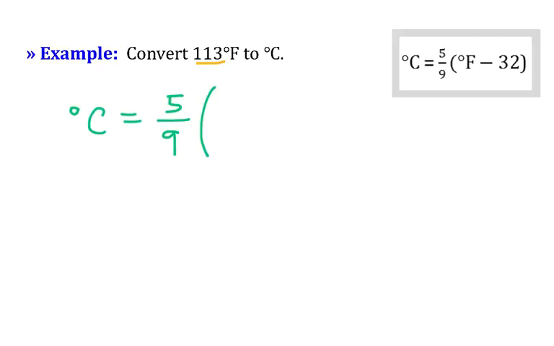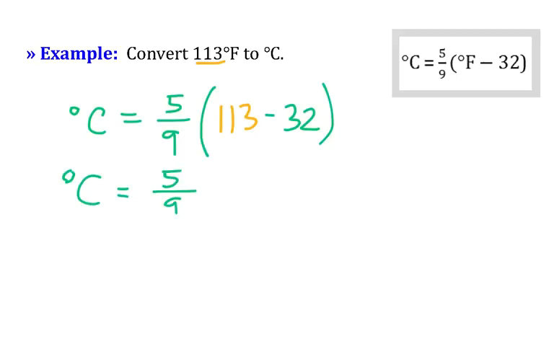So we were given 113 as our temperature in Fahrenheit, minus 32. So we'll just clean this up and then we will have our final temperature in Celsius. Order of operations are of course what we need to simplify here. So if we clean up the parentheses, 113 minus 32 is 81.